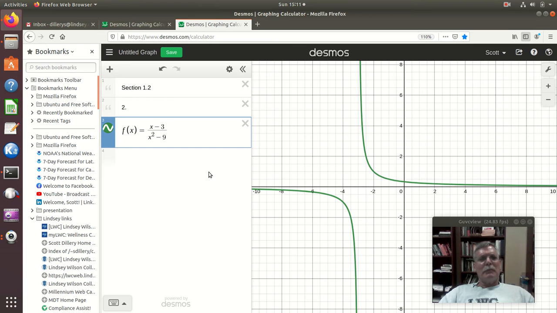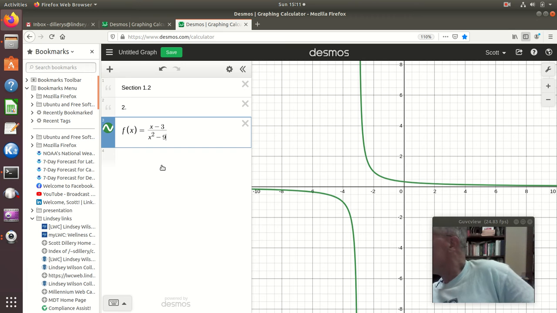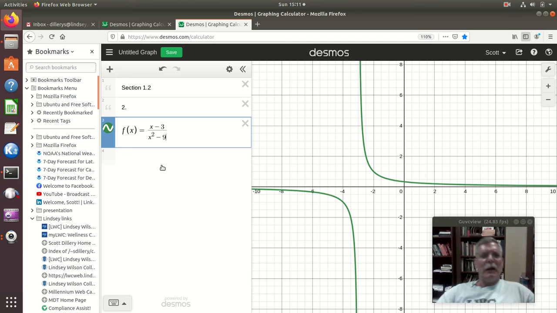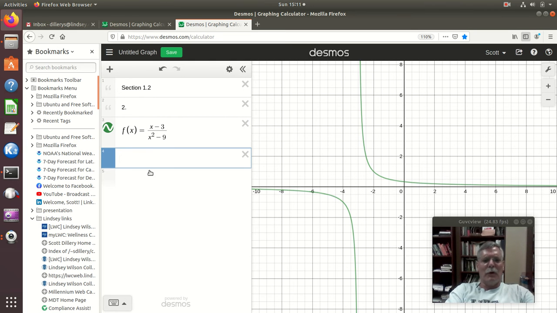And we want to know the limit as x goes to 3. So that's over here, there's 3. And it says it's undefined. Well, yeah, it's undefined because if I put 3 in here, I'll get 0 on the bottom. But the nice thing about Desmos is I can do something like that, and yep, there it says undefined.